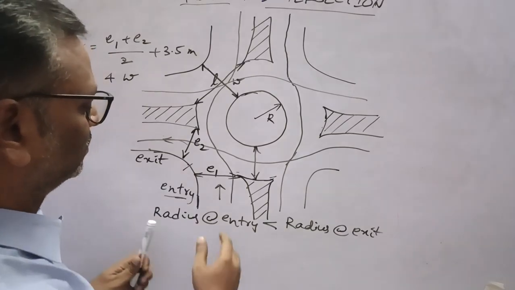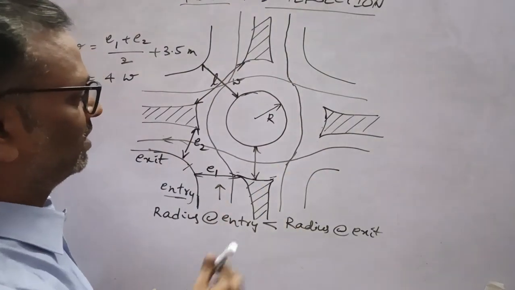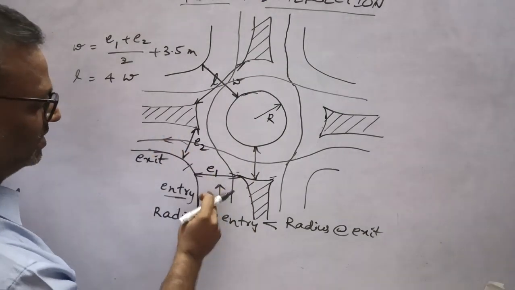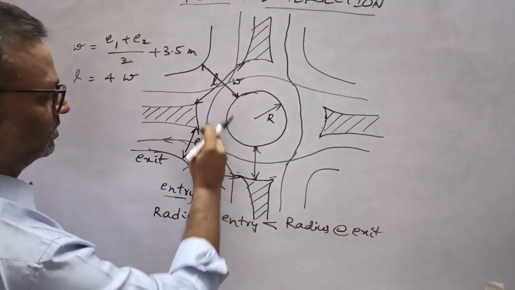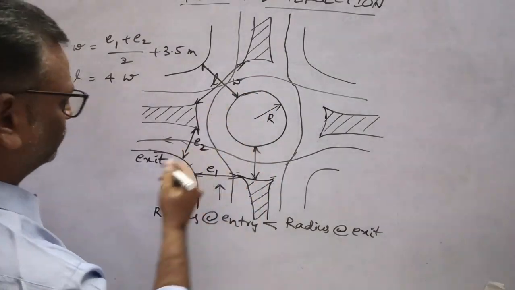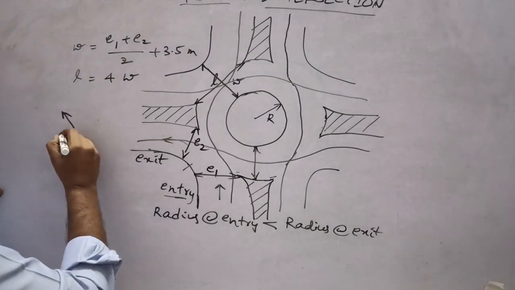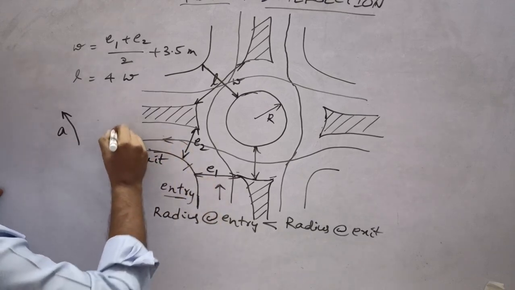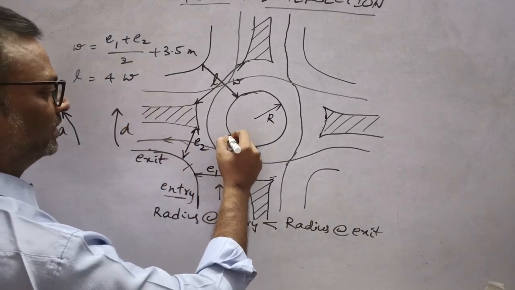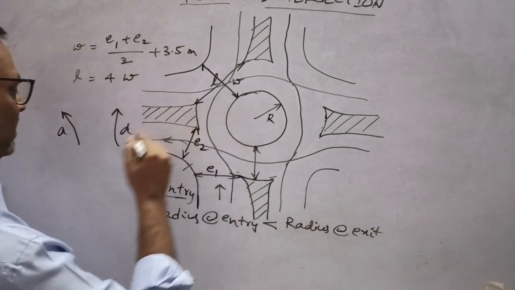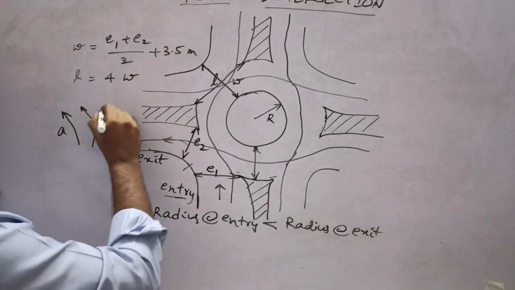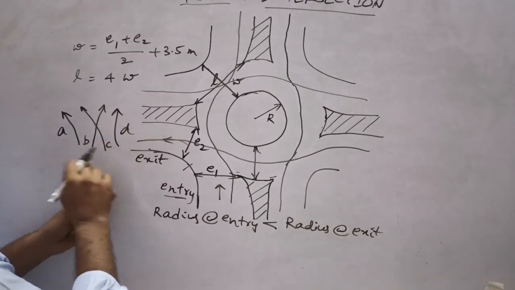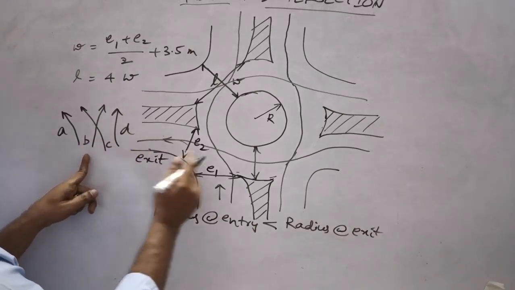Now we have two types of conflicts, as I have already told you, diverging and merging, and we have turning movements left, right, and there are crossing movements also. See, this is A, where the traffic is turning left, and say this is D, here, where the traffic is turning right, and we have say B and C, vice versa also, where we have weaving section.